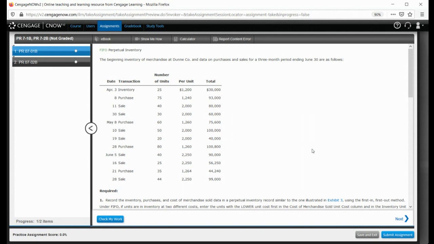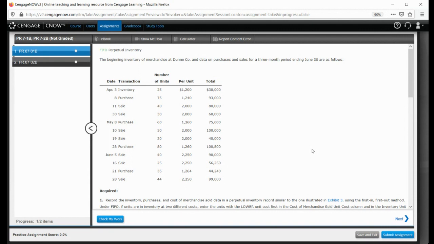So the whole purpose of doing the problem is to identify the cost of the inventory and to identify the cost of the merchandise sold as well as the ending amount of merchandise inventory. We're going to be using the perpetual inventory system to do this.